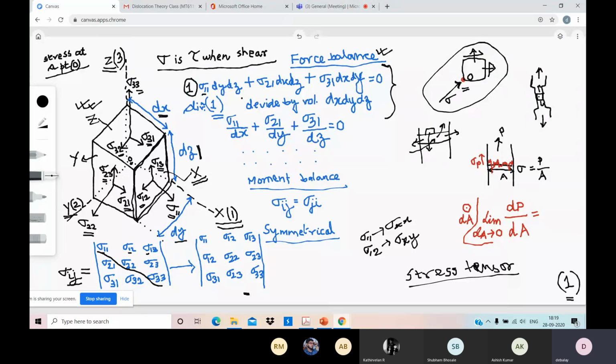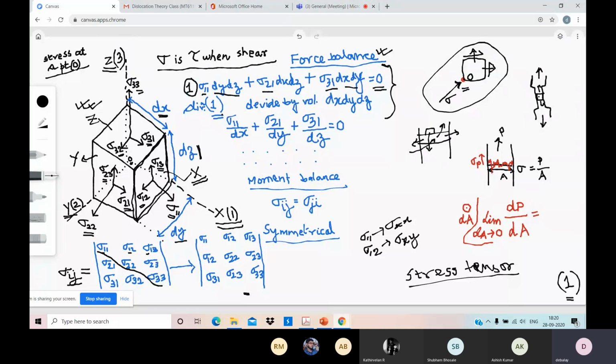What is the area of the plane? dy dz. So sigma 1 1 dy dz is the force due to sigma 1 1 stress. Similarly, sigma 2 1 is acting on the y plane, that is the 2 plane, which has an area of dx dz. So sigma 2 1 dx dz plus sigma 3 1 dx dy, which is acting on the z plane, that is the third plane. Net has to be 0.